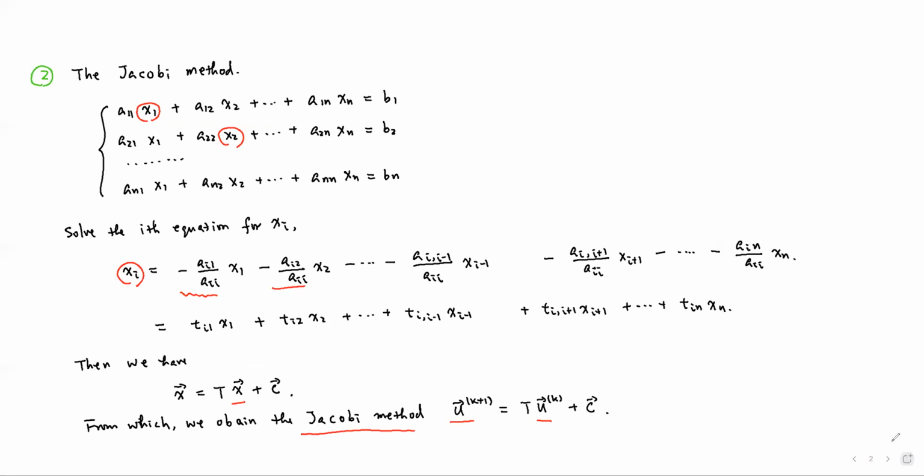Split matrix A as the strictly lower triangular part of A, plus the diagonal part of A, plus the strictly upper triangular part of A. Then the linear system is (L + D + U)x = b.